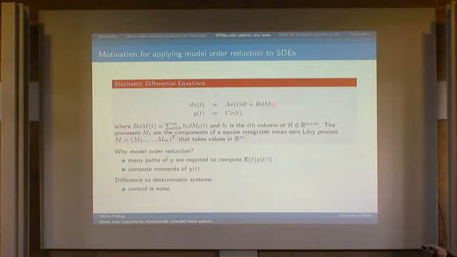So you have an ensemble, and you want to compute maybe the mean of a very complicated function of this output Y. So you need to solve the system many times. Many times, very expensive. So you want to do a model order reduction.